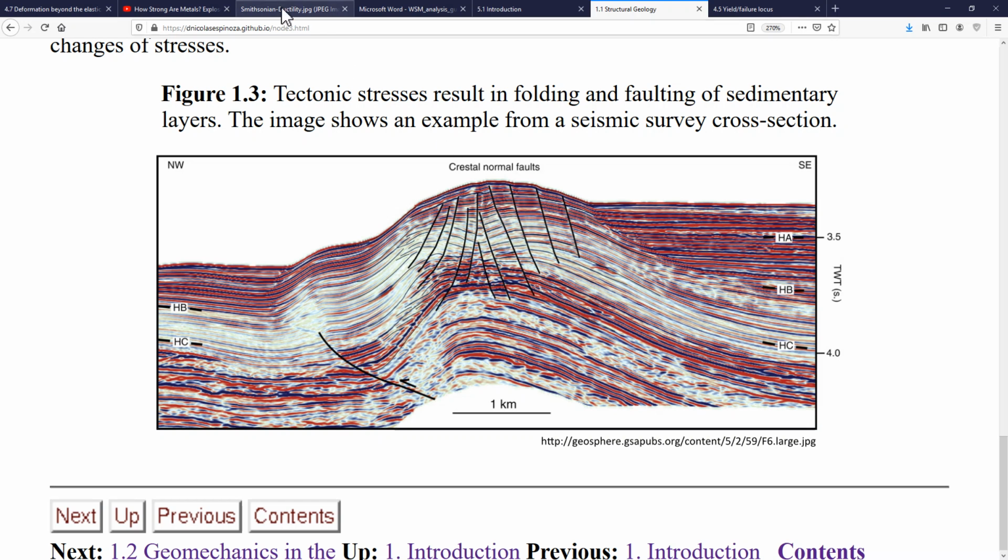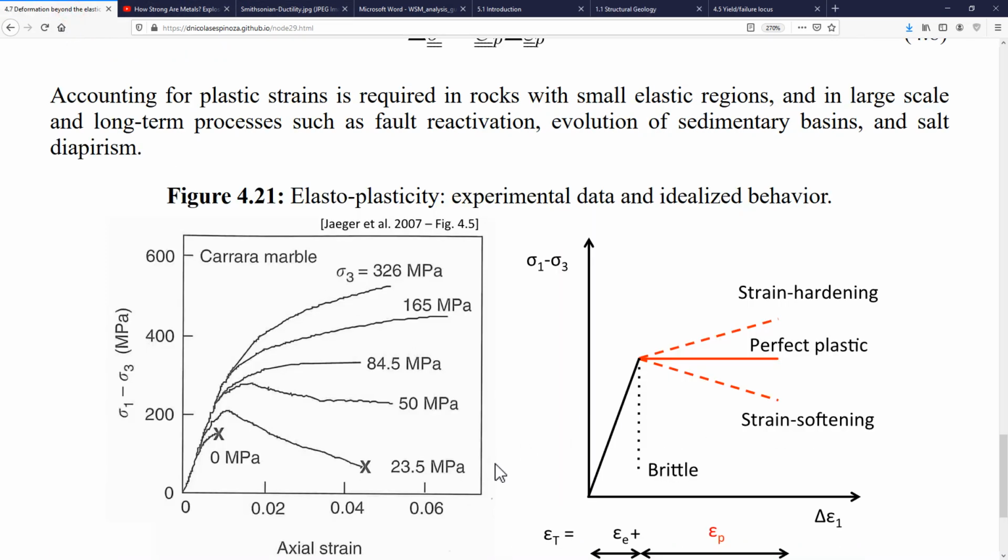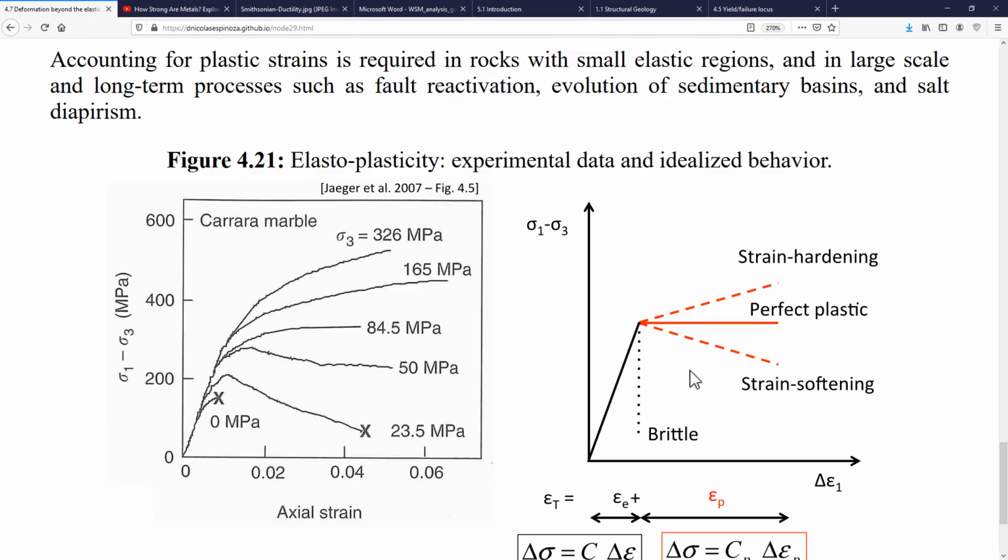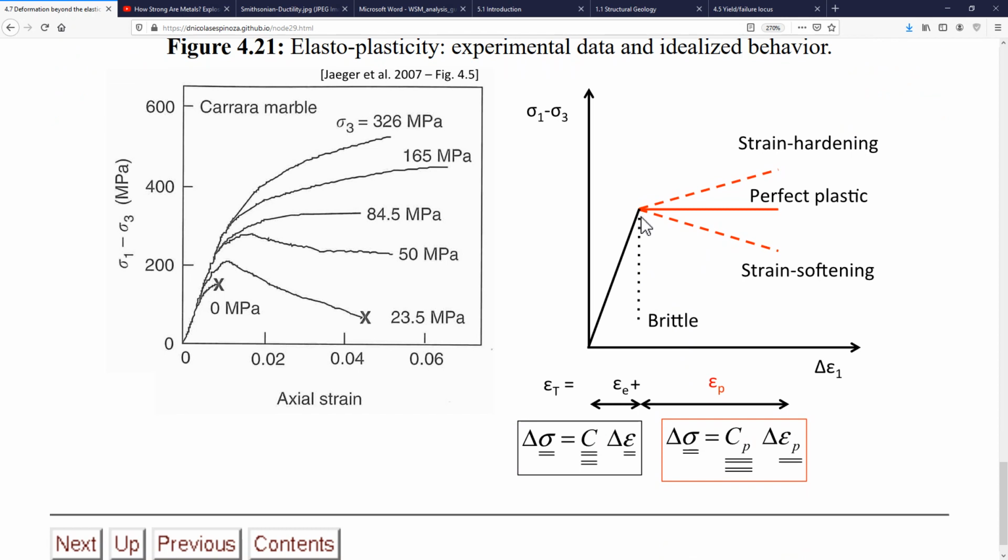And the transition going from brittle to ductile, as we said, depends on the mean stress, and here we have a schematic about this. A brittle material is going to fail right away. A material that, when it reaches the maximum stress, holds more or less the same strength and doesn't vary much, like for example this case, is what we call a perfect plastic material.